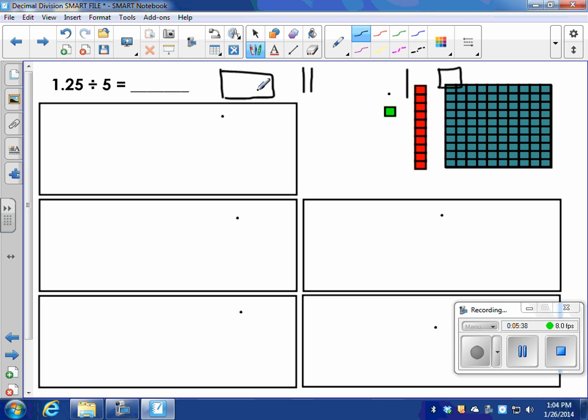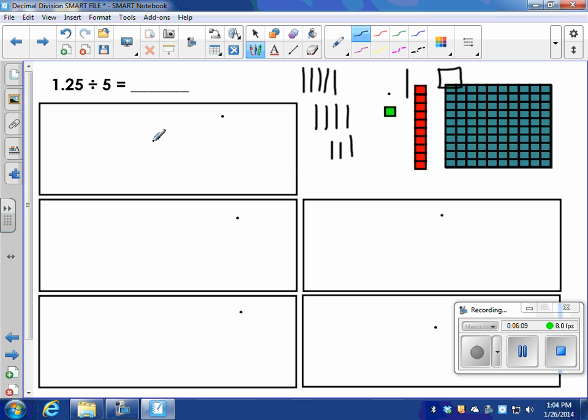So I'm going to have to substitute this whole for 10 tenths. So I'm going to erase my whole here, and I'm going to substitute it for 10 more tenths. 1, 2, 3, 4, 5, 6, 7, 8, 9, 10. So now I have 1, 2, 3, 4, 5, 6, 7, 8, 9, 10, 11, 12. I have 12 tenths here.